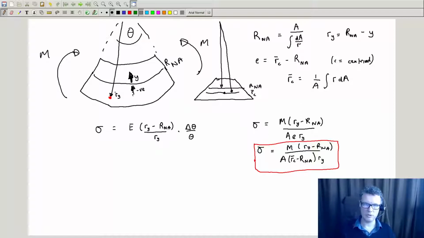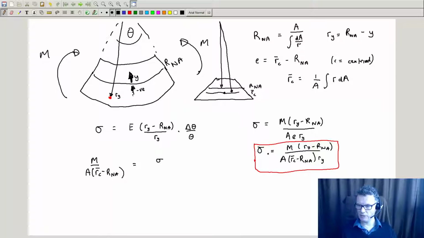So if you were writing that out, a bit like the engineer's bending equation, you could then separate your M and your A. You would probably want to keep your RC as well. Maybe you want to do it like this. So they are all your constant terms. And then your stress.